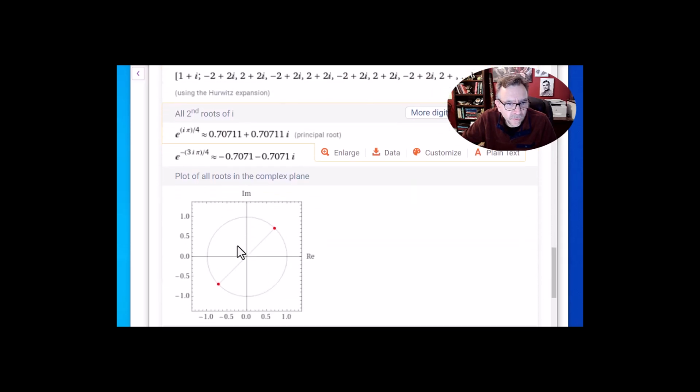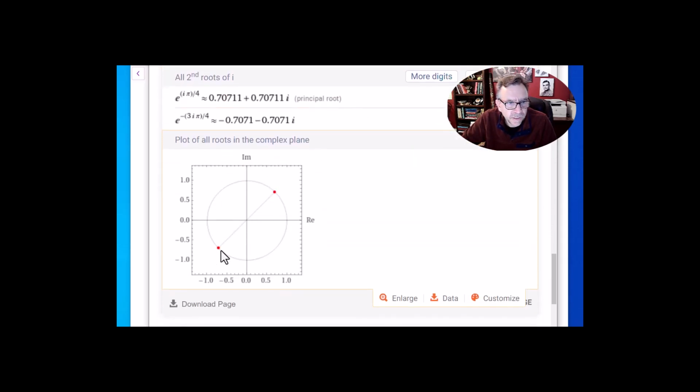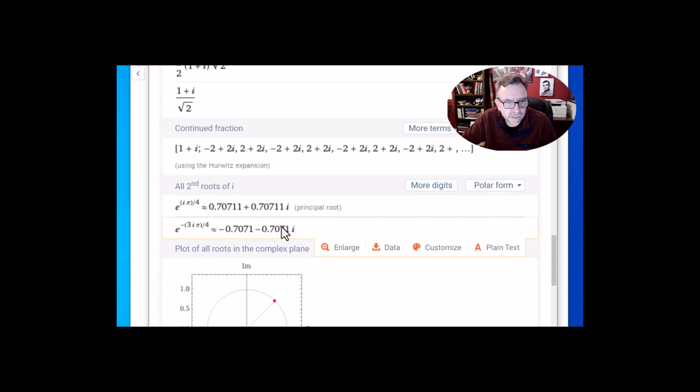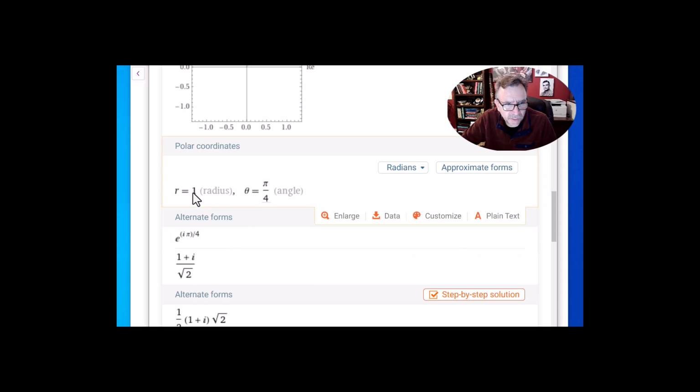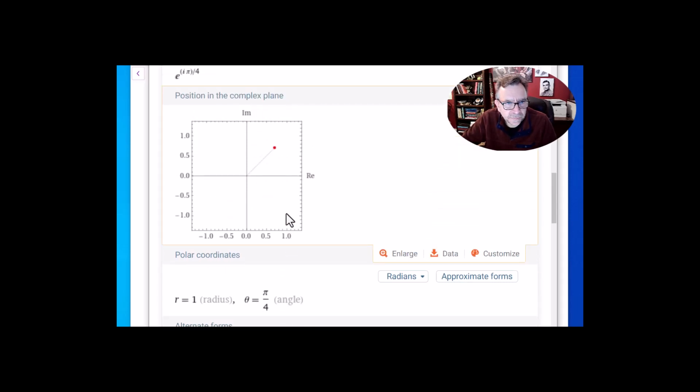It didn't give me both answers. Here's both answers right here. So you got one answer in Q1 and one answer over here in Q2. So this is the negative, negative, right? That's the second answer that we got. And so here they are as decimal values. And so we get the same answer. These are the r and the theta here in radians.